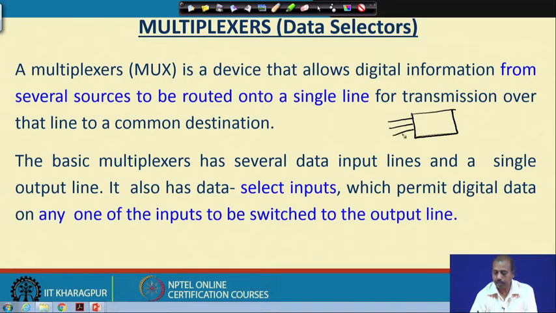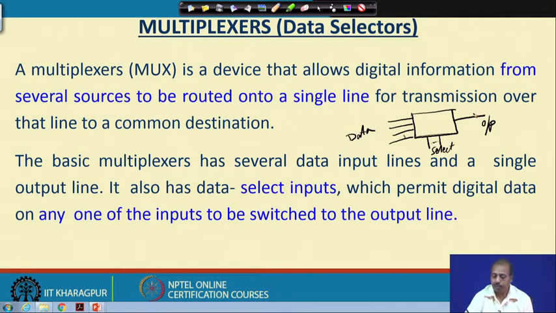It has two types of lines, some called data lines and some called select lines. The output is only 1 bit. Depending upon the values we put into the select lines, one of the data inputs will be selected and will go to the output.